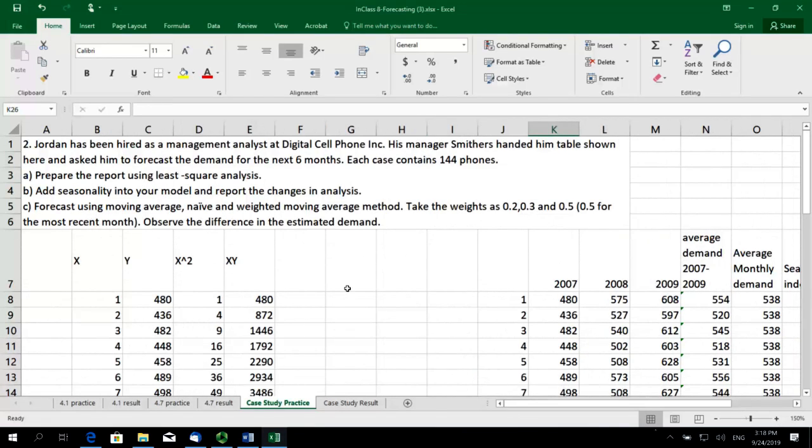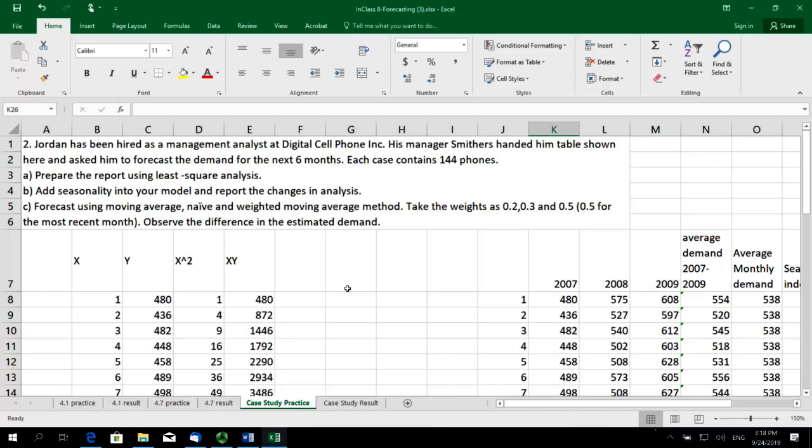Jordan has been hired as a management analyst at a digital cell phone, INC. His manager handed him the table shown here and asked him to forecast the demand for the next 6 months. Each case contains one for 4 phones.